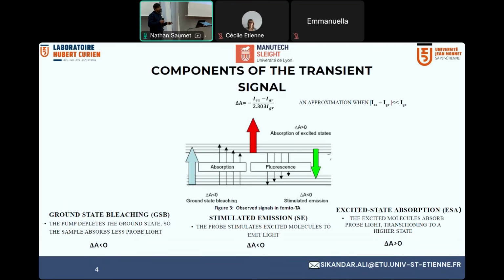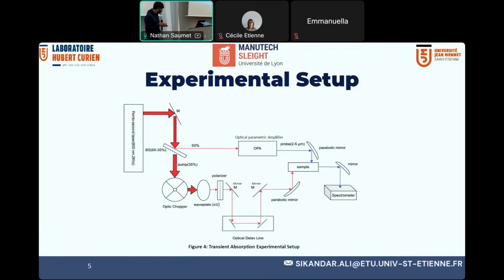In stimulated emission, our probe beam stimulates the excited sample, and it increases the intensity that we measure. It also creates a negative signal. In excited state absorption, the already excited sample absorbs our probe beam, so the detected intensity becomes low, and it gives us a positive signal.